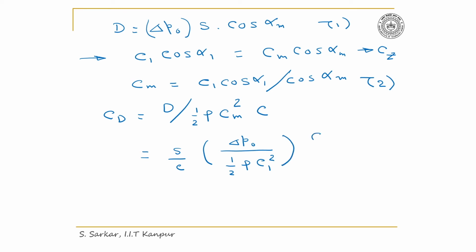into cos cube alpha m divided by cos square alpha 1.